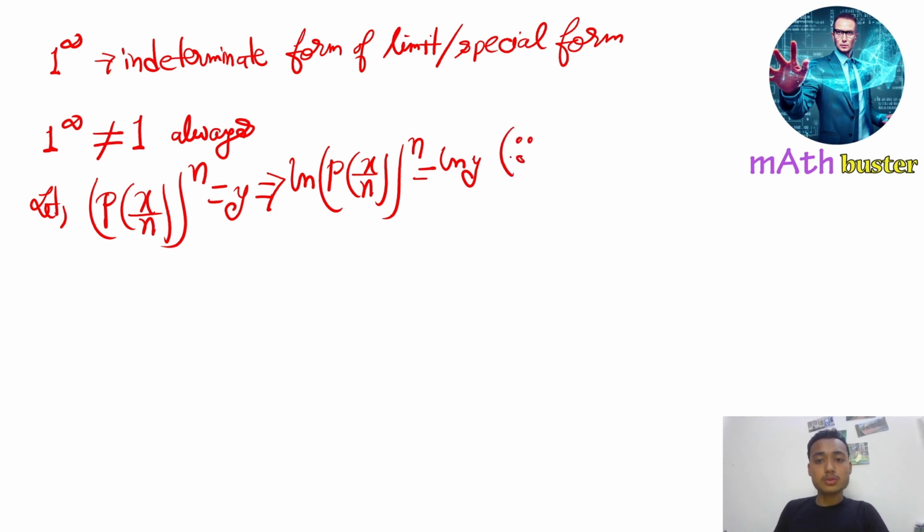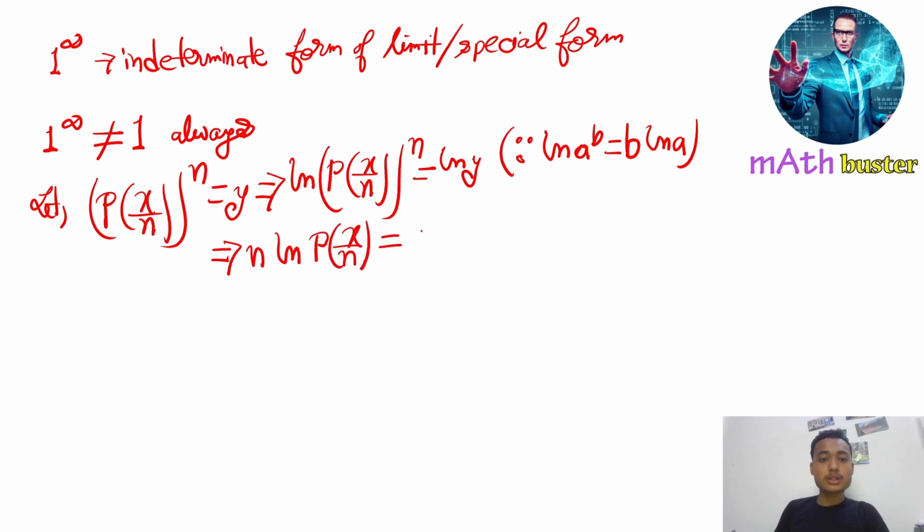And as we know, since ln of a to the power b is equal to b times ln a, therefore the left hand side will become n into ln of p of x by n, which is equal to ln of y. Now let us take the limit as n tends to infinity.